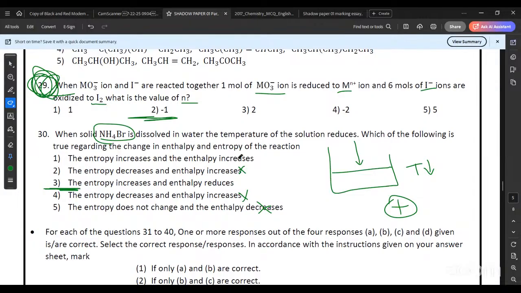Third one. Which of the following is true regarding the change in enthalpy and entropy of the reaction?